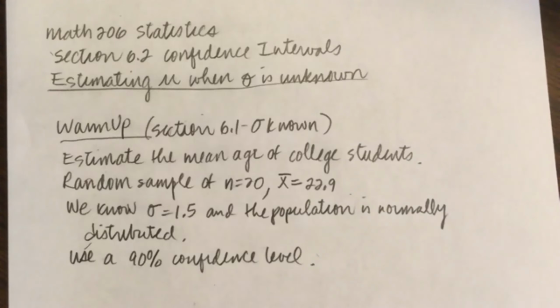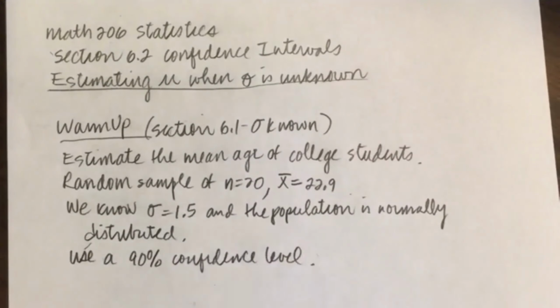Yeah. Okay. We're going to make an assumption, though, and that is that the ages of college students are scattered around the mean. In other words, most of them are about the average age, and then there are a few younger ones and a few older ones.